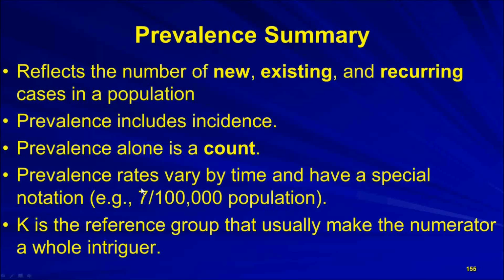So you notice that we have 7 here, and that was determined by looking at the raw data, and that makes this a whole integer because epidemiology deals with people, so we want to deal with whole people. We don't want 7.2 per 100,000 because generally we don't have 7.2 people running around.